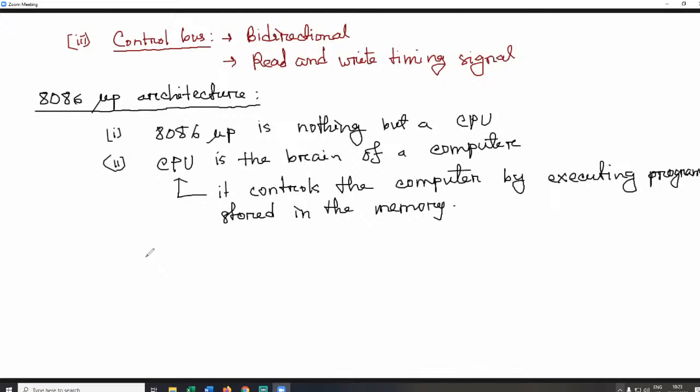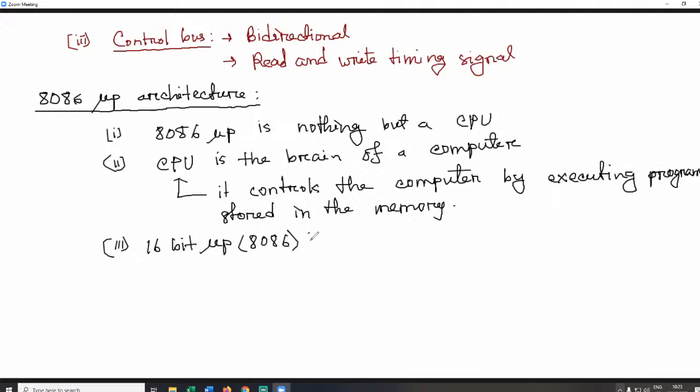Okay, so the number three point is very important. You know that 8086 is a 16-bit processor, right? 8086 is a 16-bit microprocessor.